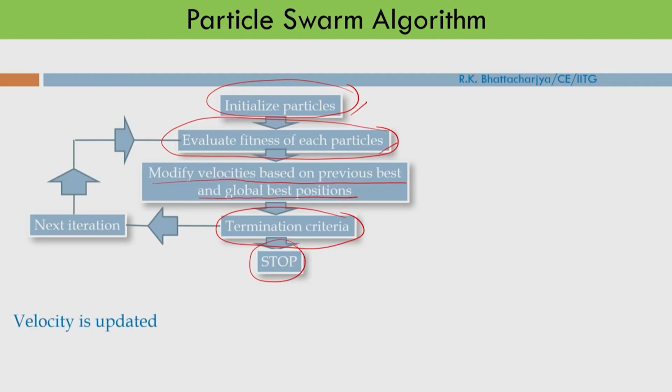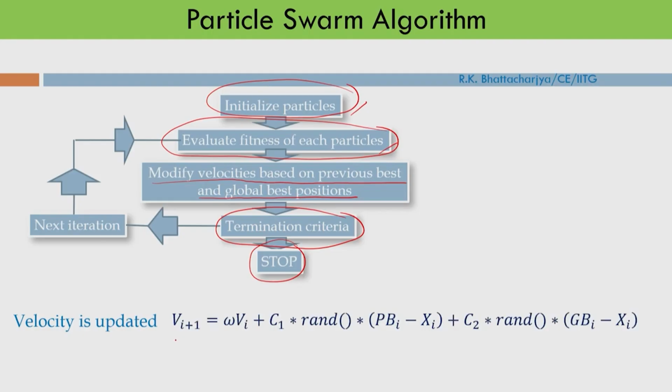Here we are using two equations. One is to update the velocity. The velocity is updated like this: this is the current velocity at the previous location, and this is the updated velocity, which is equal to omega v_i, plus c1 times a random number times (Pb, the personal best, minus x_i, the current location), and similarly c2 times a random number times (the global best minus x_i, the current location).